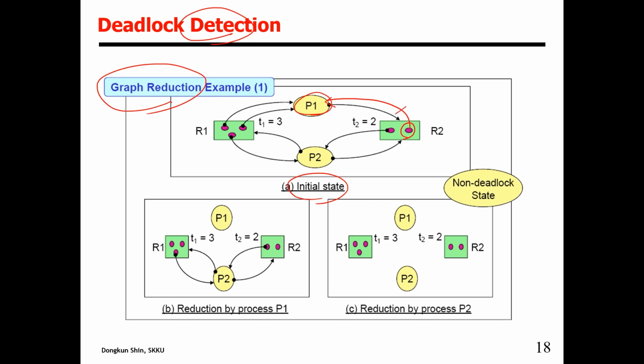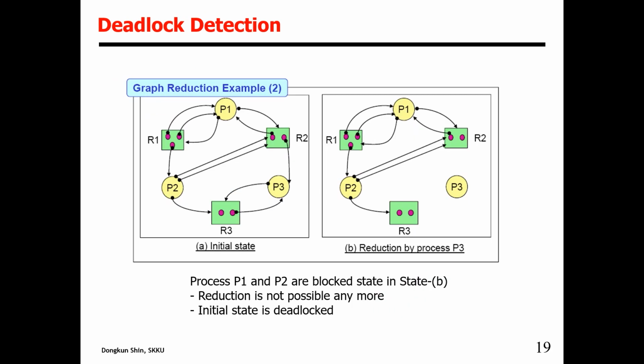Then it will release this resource, so the resource graph is changed to something like figure B. Then P2 can use another resource, and it can use another resource. Then finally P2 can be completed. So if the whole resource allocation graph can be reduced, then this is a non-deadlock state.